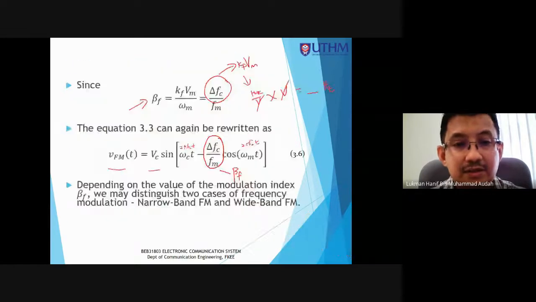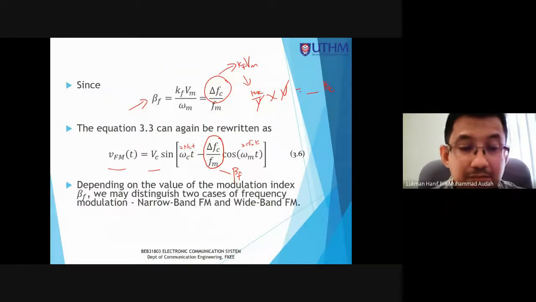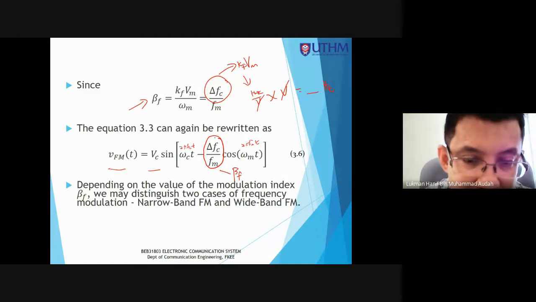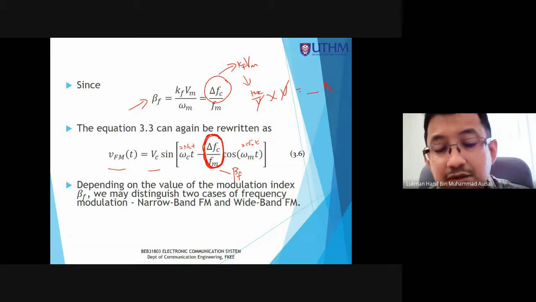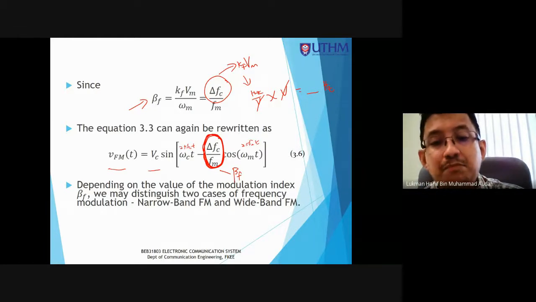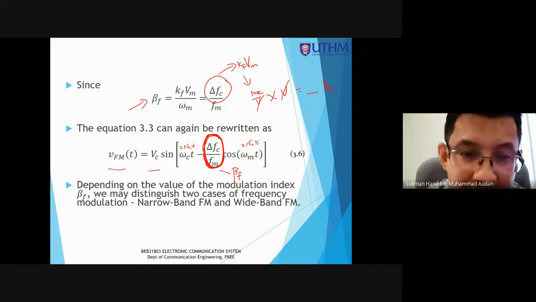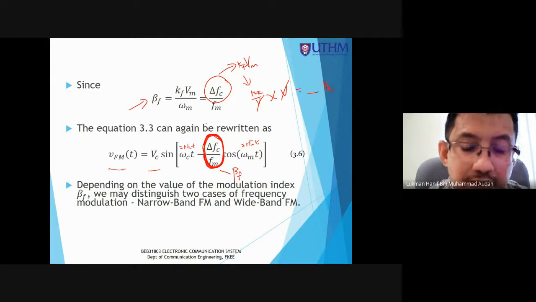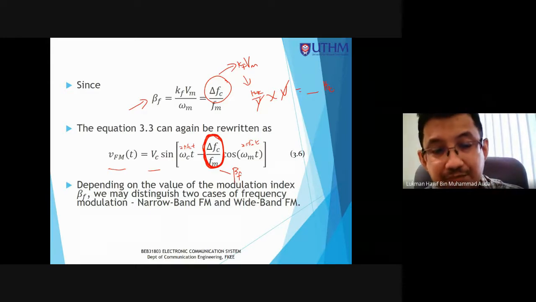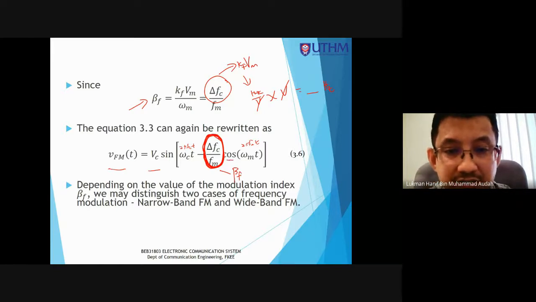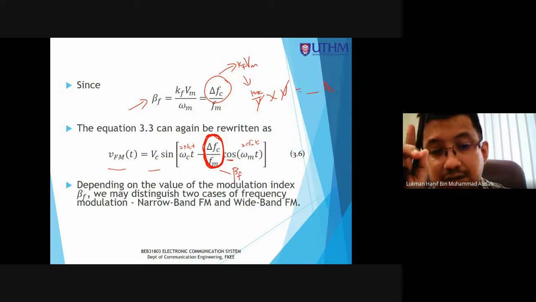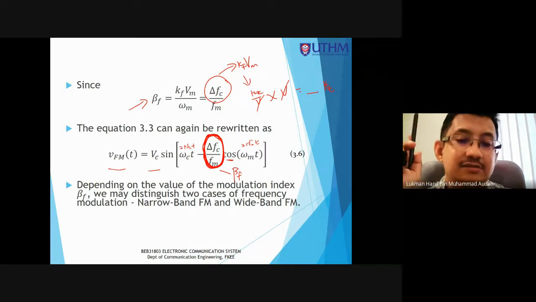Okay, tak ada masalah. So in conclusion, the parameter in front of the cos here is referring to the modulation index for FM. Apa sahaja yang berada di depan cos di sini dia adalah parameter beta f, modulation index.